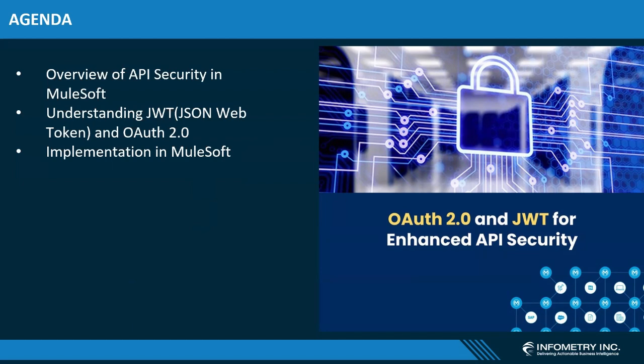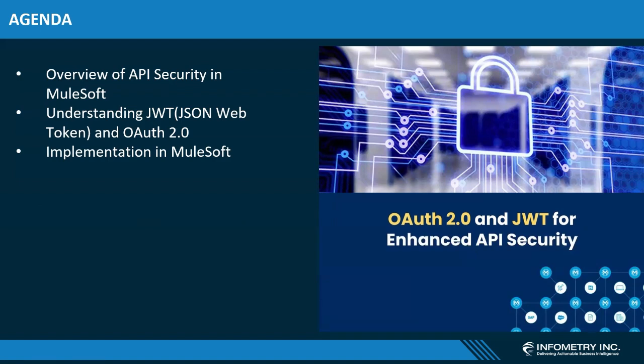JWT is a URL-safe token authentication method used for secure communication. OAuth 2 is an open standard for authorization that allows third-party applications to securely access resources without exposing user credentials. In Mule 4, we can integrate OAuth 2 and JWT via API Manager to enforce token validation and access control policies.